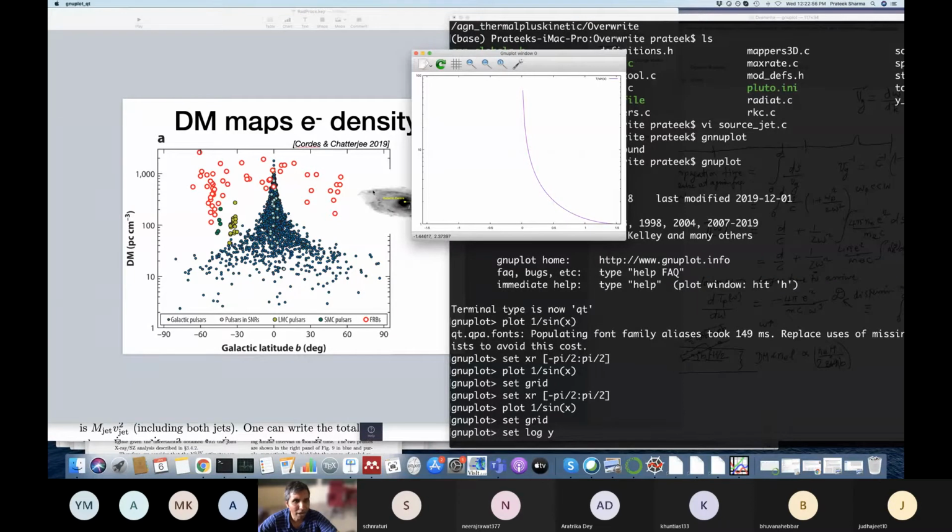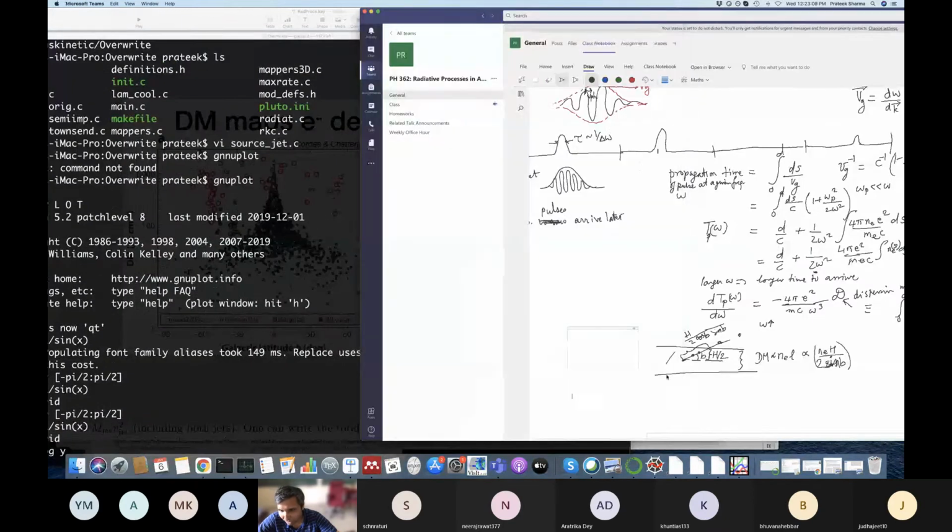Now you were asking why is DM very high at theta equals 0. It's obvious, right? Because when you're looking through the Milky Way disk, you are looking through the whole plane, right? It should not blow up. It will only sort of saturate at the value NE times radius, if this is the radius of the ISM.